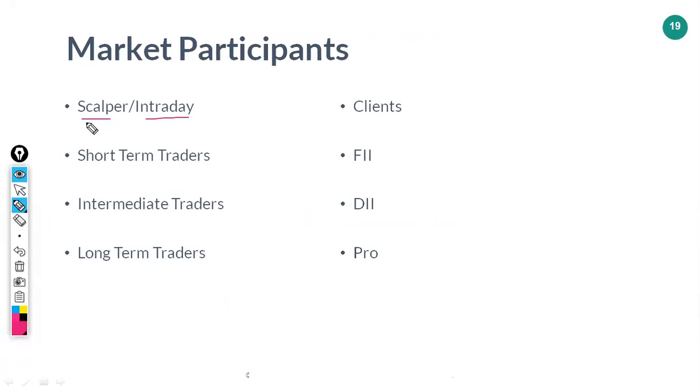The intraday player is also something similar, but their holding period will be anywhere between 5 minutes to 10 minutes, or hourly or 2 hourly. They come in and close their position on the same day, they don't carry forward any positions. Mostly these days, many algos are coming from an intraday perspective. A lot of intraday algos are coming in.